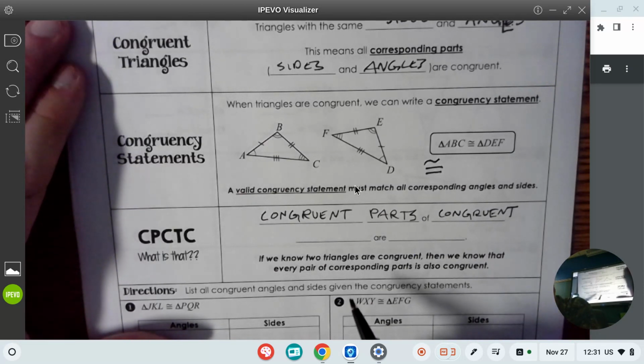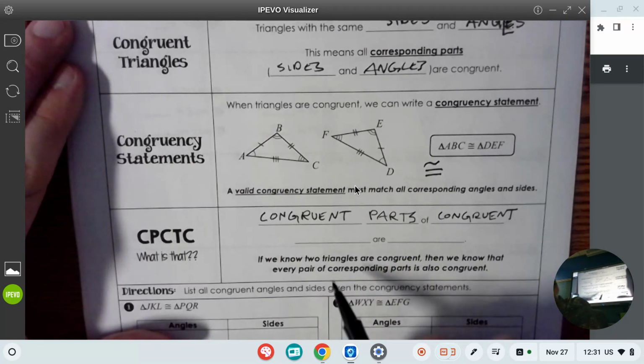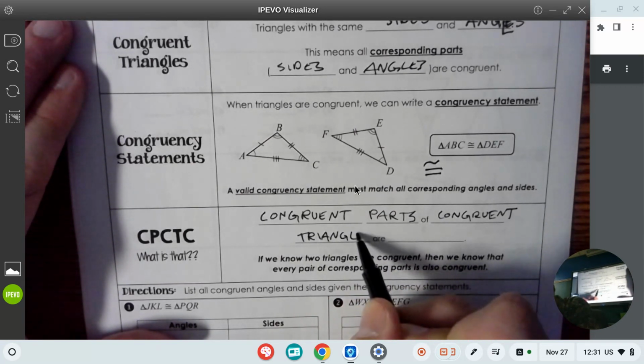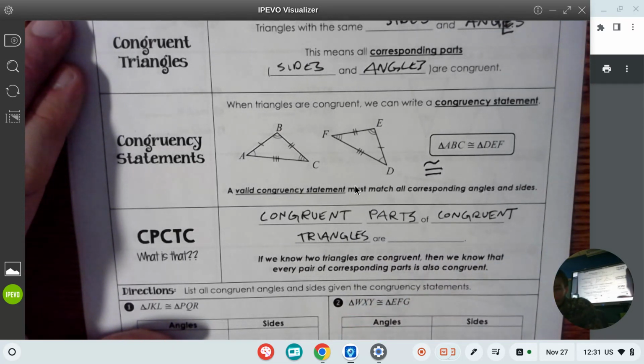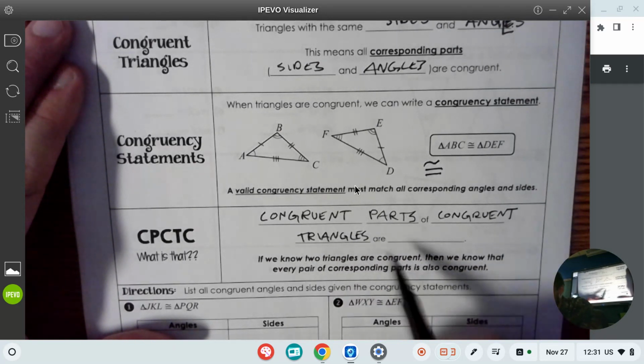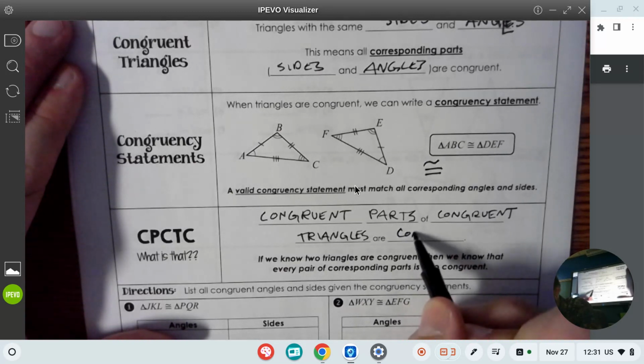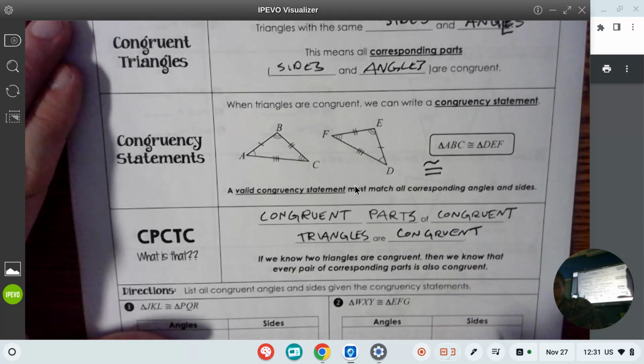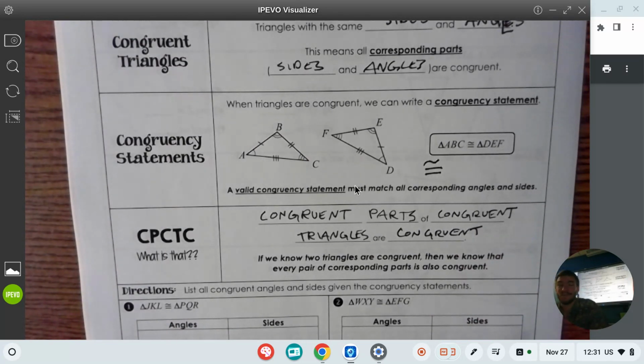What do you think the T stands for? Triangle. Yep, triangles. And what do you think the C stands for? Congruent. Again, it's silly, I don't know, but at the same time, that's really the only new concept for today.